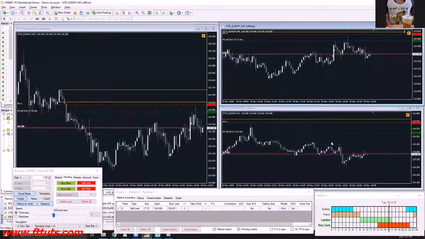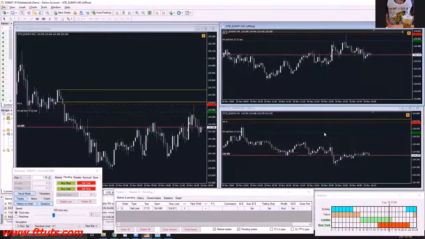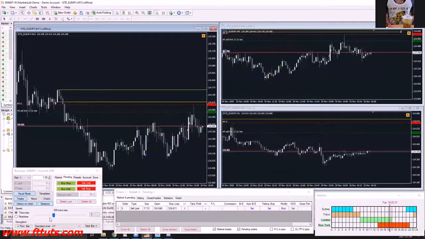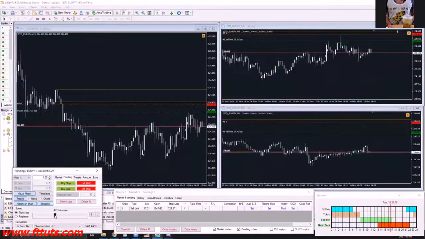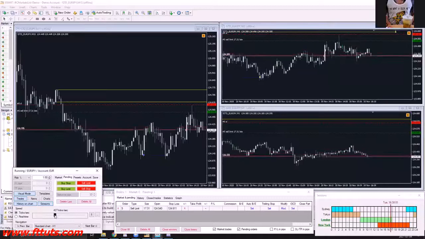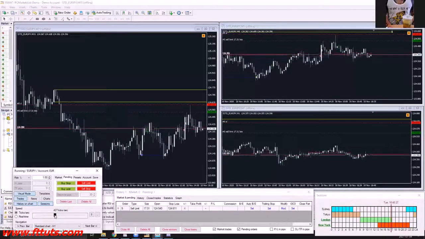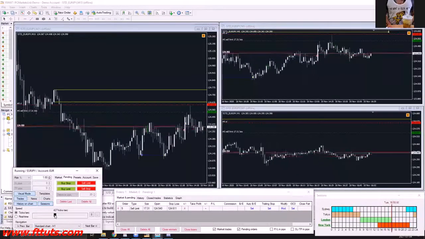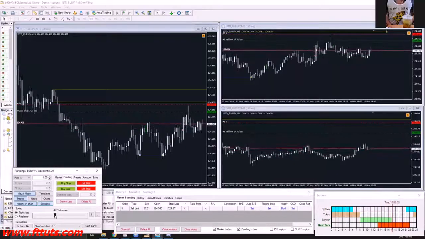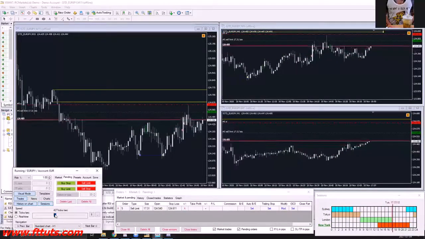There's lots of liquidity being built. I think it's going to take us in. Or will it?